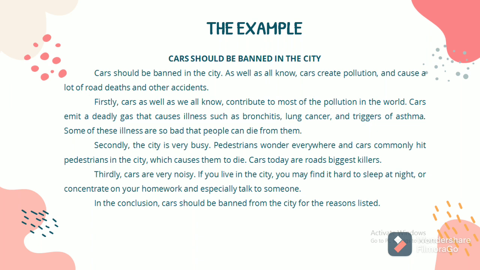Then, can you determine what the writer's point of view is? It is clear that the writer's point of view is that cars should be banned from the city. And how about the generic structure? Can you determine them? Yep, the thesis is in the first paragraph because it includes the writer's opinion about the topic.